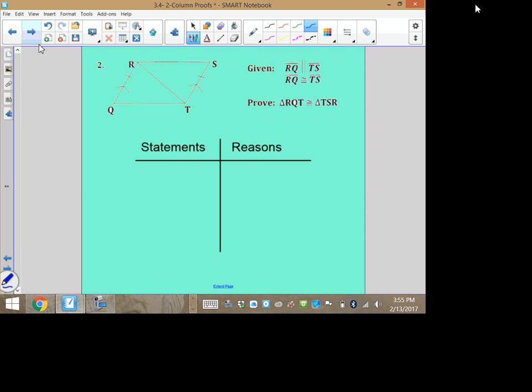So here we have that RQ is parallel to TS. These symbols are hard to see. So RQ is parallel to TS.